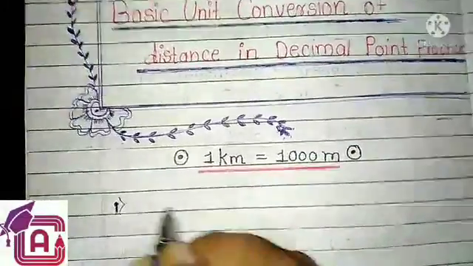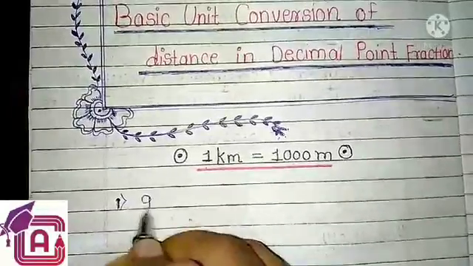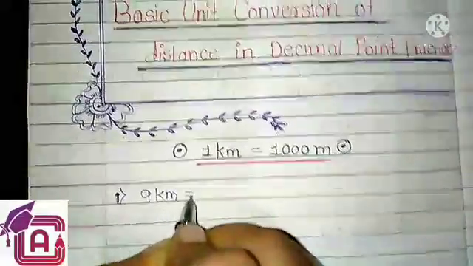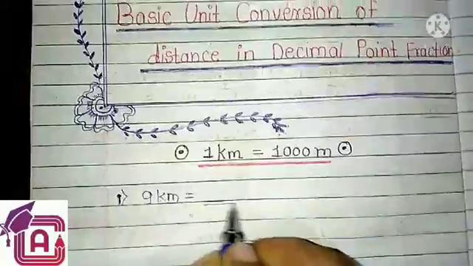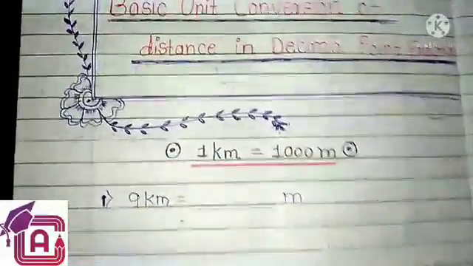I'm taking the first example. If I have to calculate 9 kilometer is equal to how many meters? This m stands for meter.